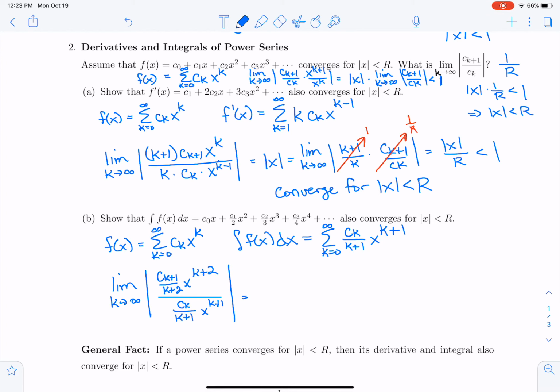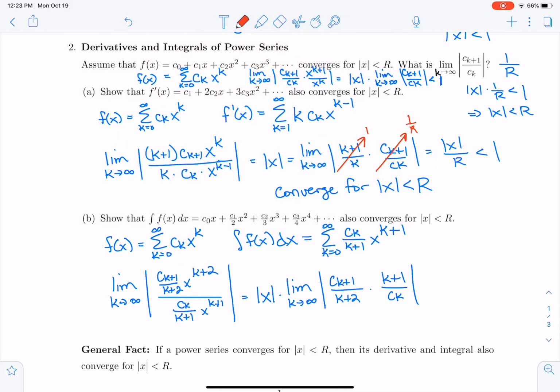So x to the k plus 2 over x to the k plus 1 gives me an absolute value of x. And then I take the limit as k goes to infinity of c sub k plus 1 over c sub k, times (k plus 1) over (k plus 2).